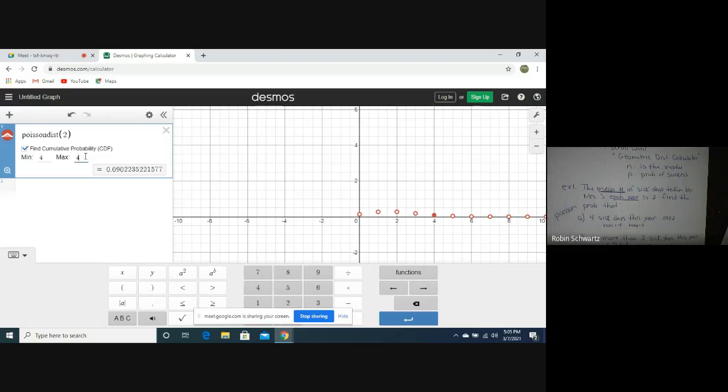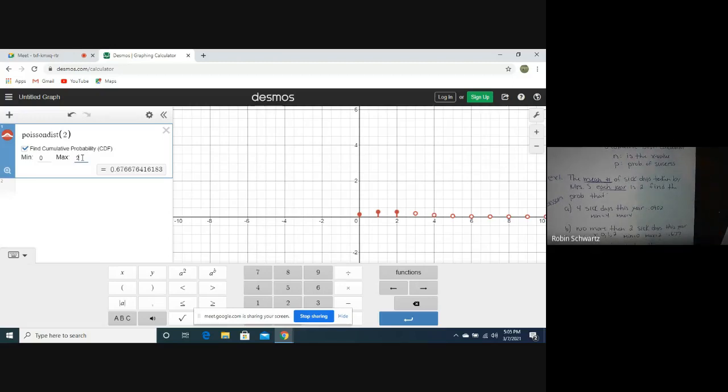The distribution built into the calculator is going to do all of the probabilities and add them together for us. So it's way easier than what we were doing. There it is. So you've got a 0.677 probability of that.